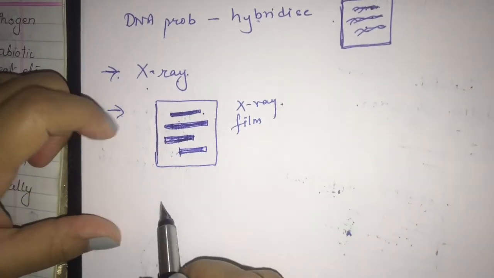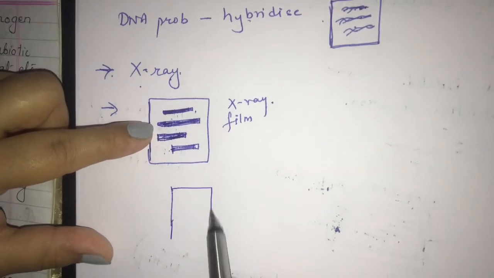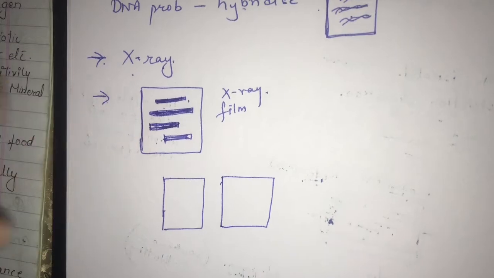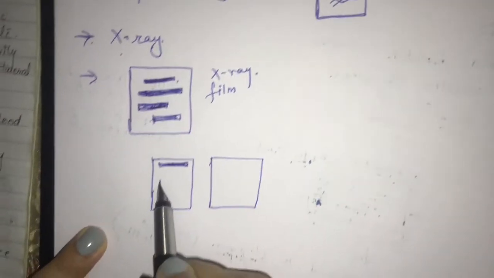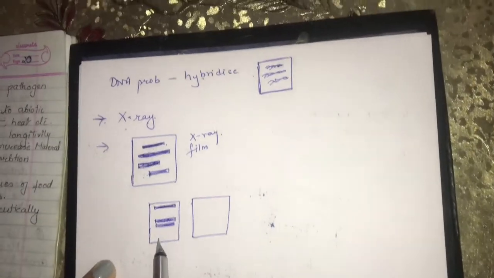And if the same is compared with other members, suspected members, then some may have like this, one here, one there, two there and one here.